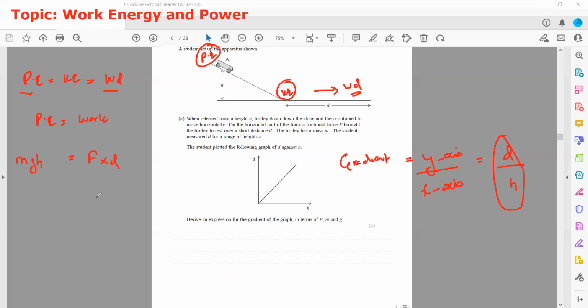So h is multiplied, the other side it will be divided, and F is multiplied here with d, the other side will be divided. So you can see d over h is equal to mg over F. So the expression for the gradient, d over h, will be equal to mg divided by F.